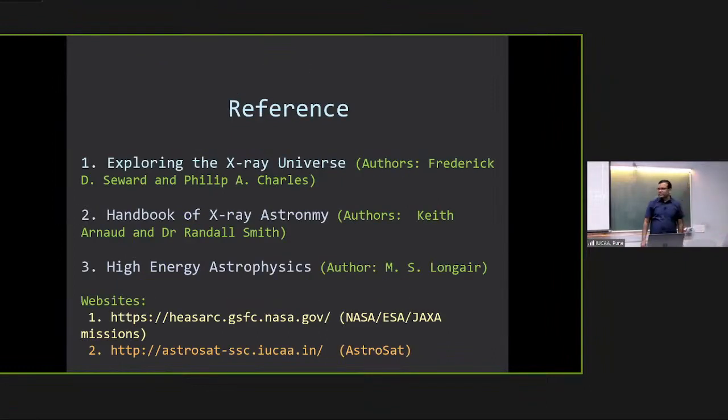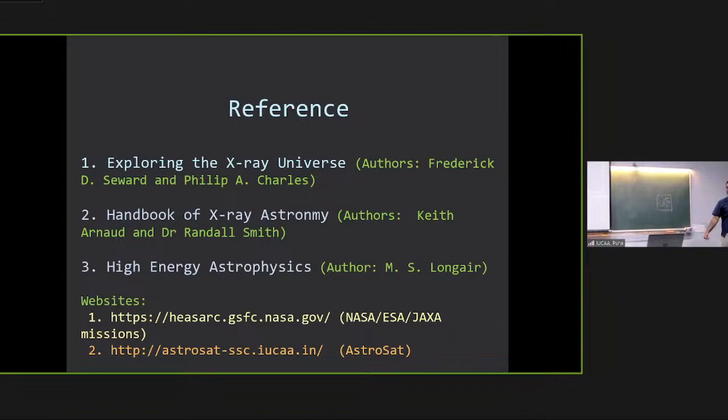Here are the references. You are just reading the first book, Exploring the X-ray Universe. It's a very nice book, and it's very readable, at master's level or even earlier. Phil Charles is one of the very well-known scientists, and he is also one of our regular visitors, and we also collaborate.